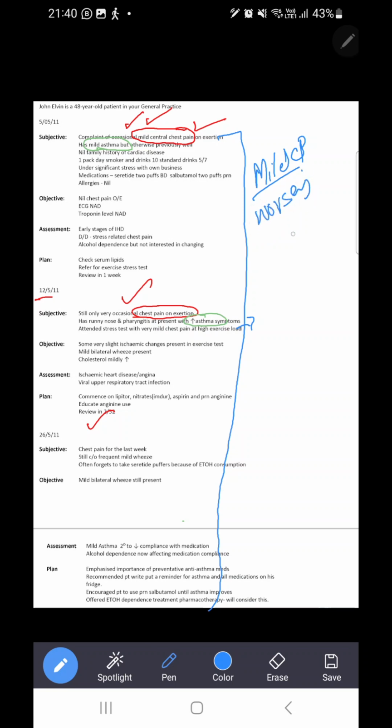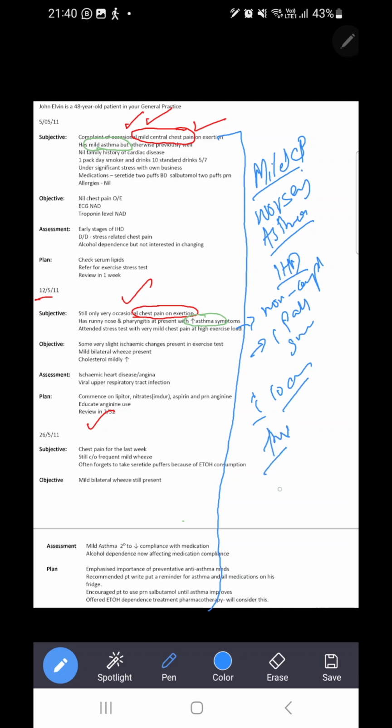The second important point, I'm just taking it in my mind: maybe ischemic heart disease, maybe non-compliance behavior, one pack smoker, 10 drinks, alcoholic, family history negative, and the list of medicines. So these are the few points we can keep in mind when summarizing the case note.